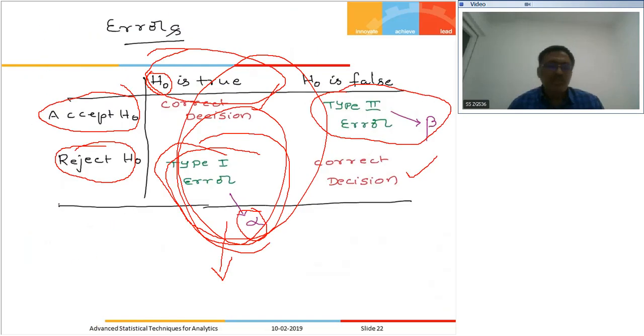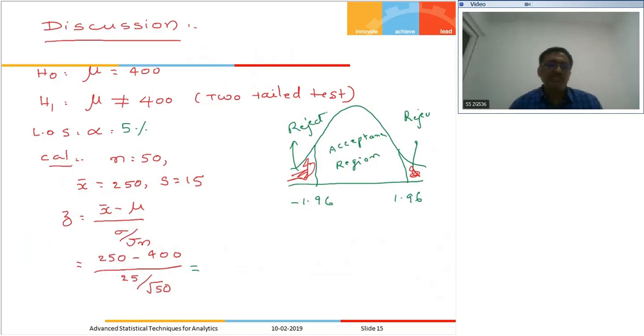Maybe sometimes it looks difficult, but it is very easy. So the first thing we have to do is identify the null hypothesis. H0 is called the null hypothesis. Null hypothesis means the statement that we are going to validate, the claim that we are going to validate.